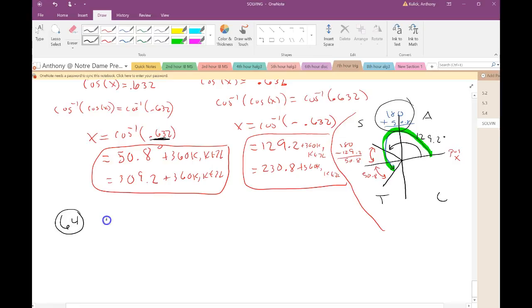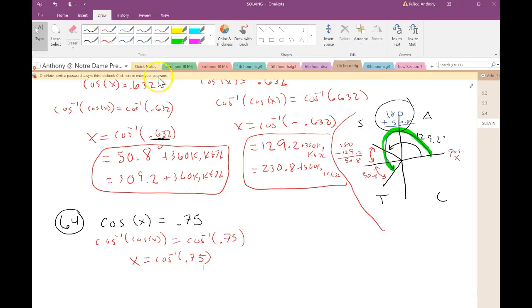So let's do the evens now. So first step should be cosine inverse of both sides. And now I'll pull up my calculator.